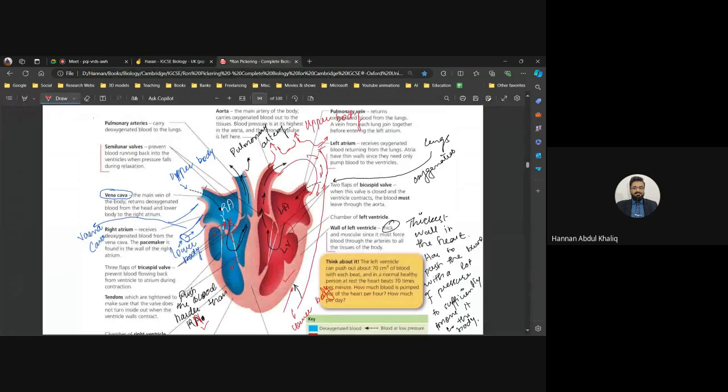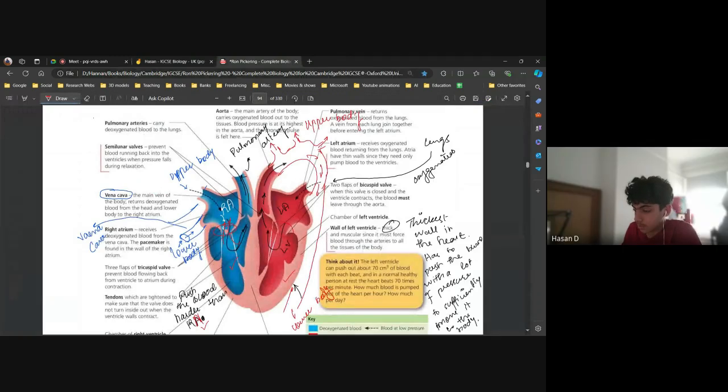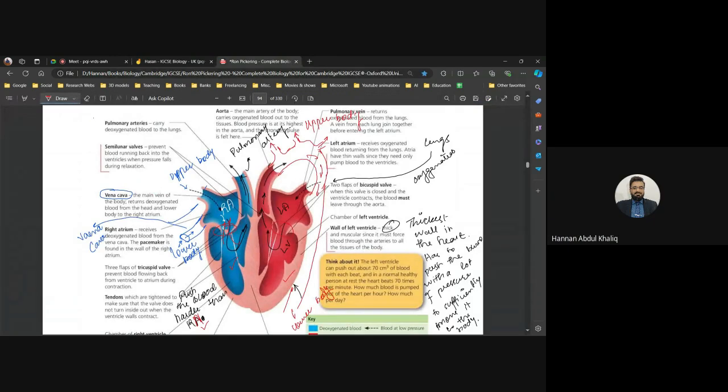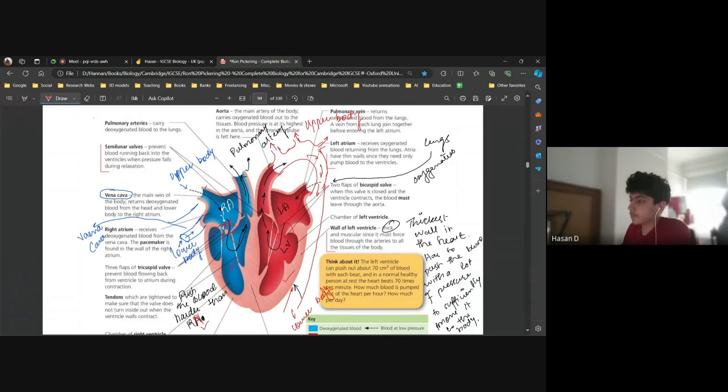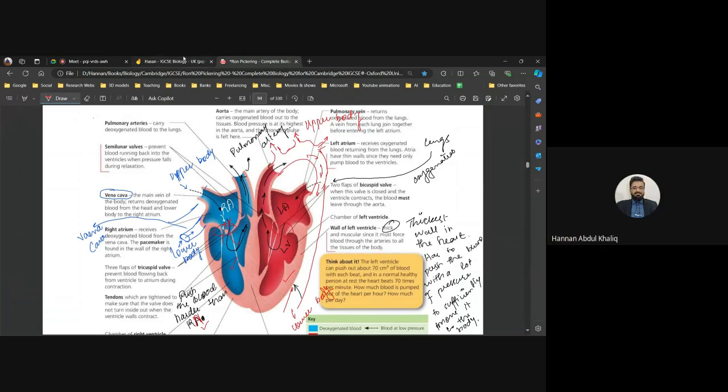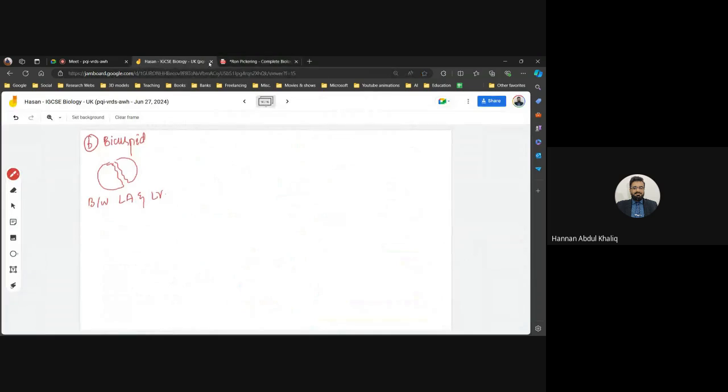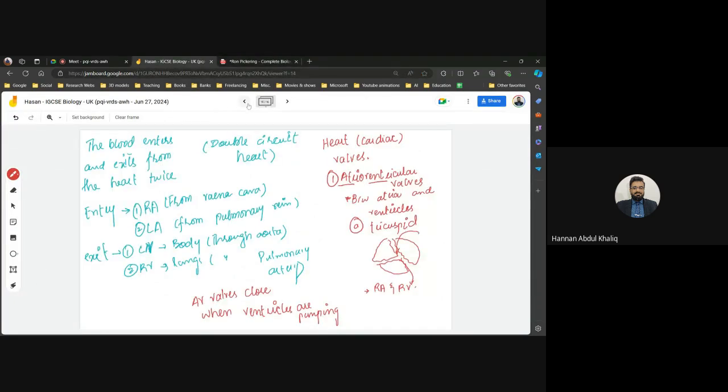Did you get it? If there's any confusion, I can repeat it, no problem. No confusion. So the valves basically prevent the backflow.